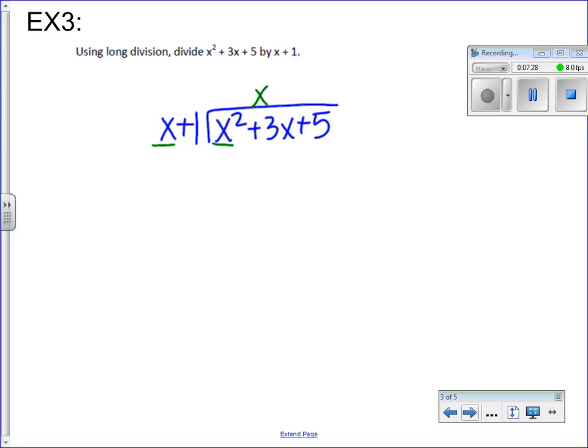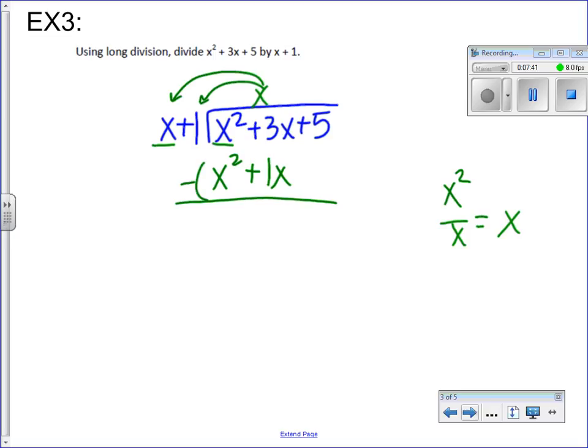It goes in x times. Now I'm going to multiply this x back. X times x is x squared, x times 1 is positive 1x. I'm going to subtract. X squared minus x squared is 0. 3x minus 1x is 2x. I'm going to bring the 5 down.